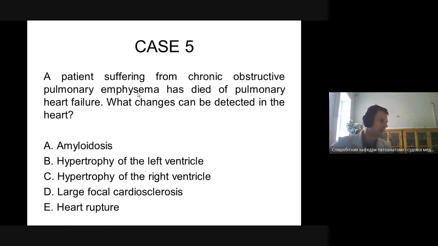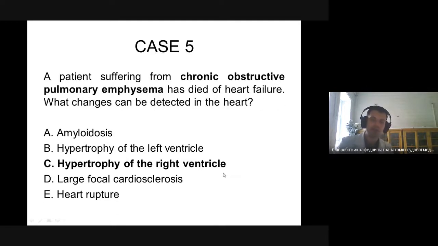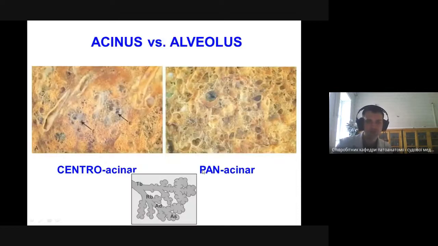The right ventricle is supposed to pump blood through the lungs. When the lungs are destroyed and out of order, the right ventricle has to make more effort. So that's hypertrophy of the right ventricle, called cor pulmonale.